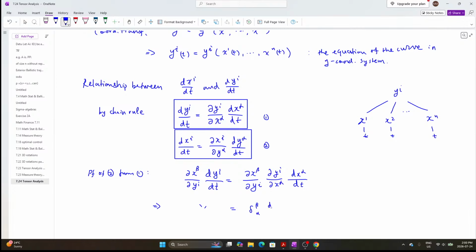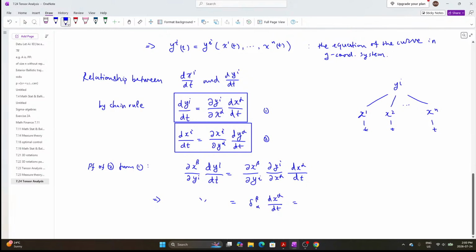And then dx^α over dt on the right gets contracted. The index α is contracted, and you have dx^β over dt, which is exactly what we wanted. It's the same here. So we're done. That's the proof of the second from the first.